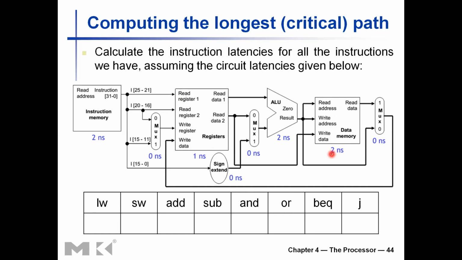But something to note is the writing happens at the next positive clock edge. The writing to the registers or the data memory happens at the positive edge at the end of the clock cycle.